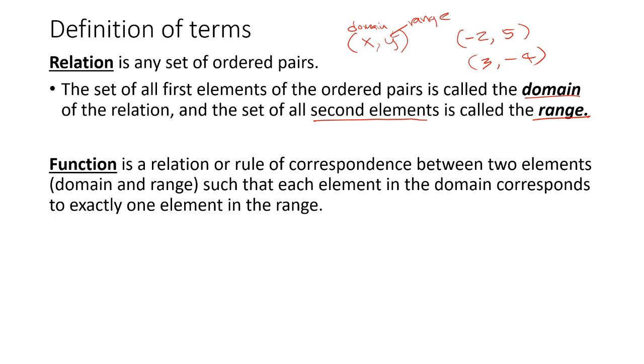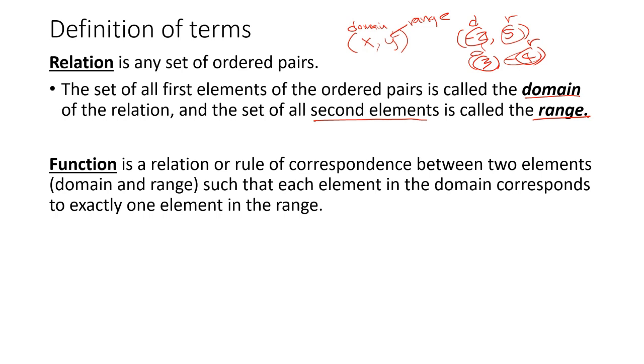Here we can see -2 is our domain, -3 also domain, and 5 is the range, and -4 is the range also. I hope you understand ordered pairs.